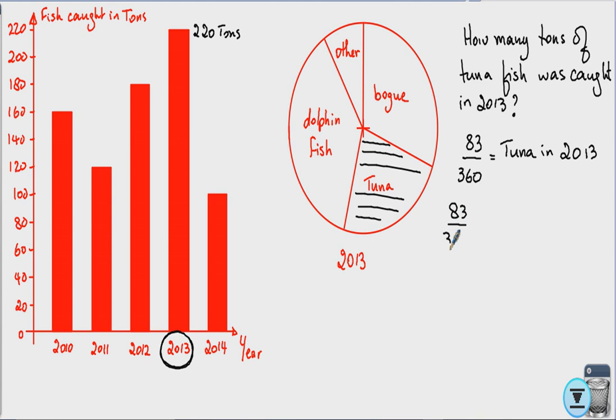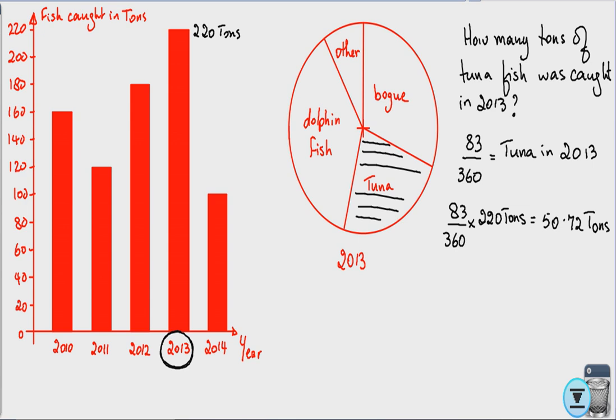So 83 out of 360 of 220 tons is the amount of tuna being caught. So tuna caught in 2013 was 83 on 360 times 220, which gives a value of 50.72 tons. Okay, so 50.72 tons of tuna was caught in 2013.